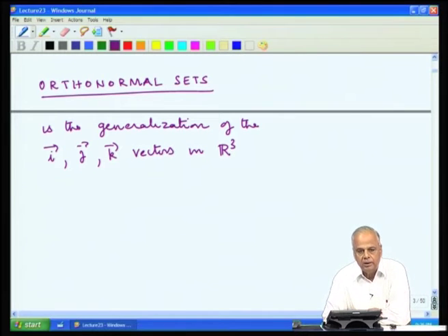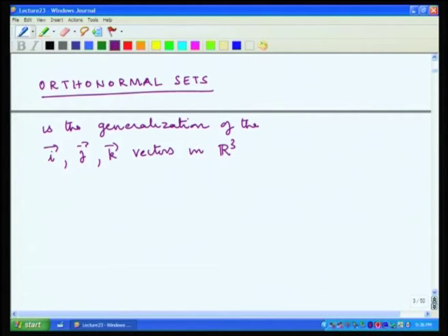What do these 3 vectors have special? Each vector is orthogonal to the other vectors. i dot j is 0, i dot k is 0, k dot i is 0. So, they are mutually orthogonal vectors and each vector has length 1. So, this is a collection of vectors which have the special property that any 2 of them are orthogonal to each other and each vector has length 1.